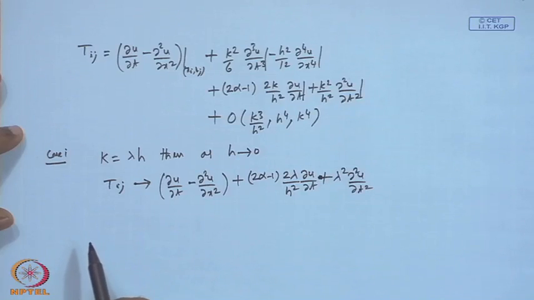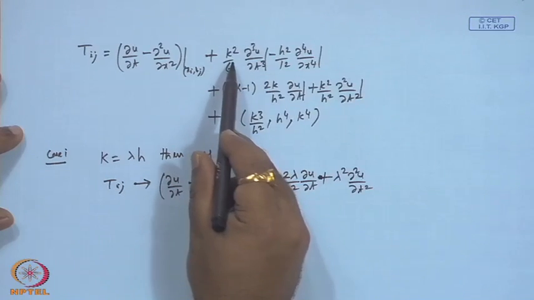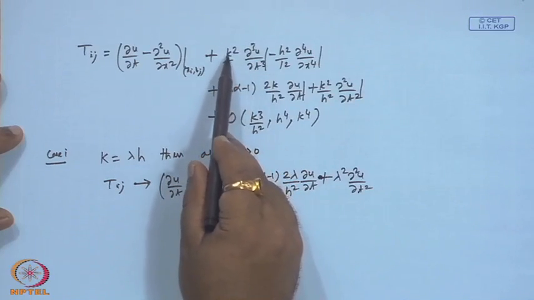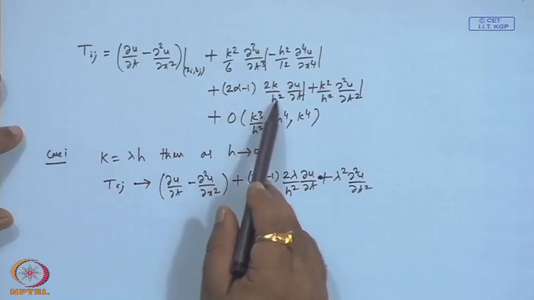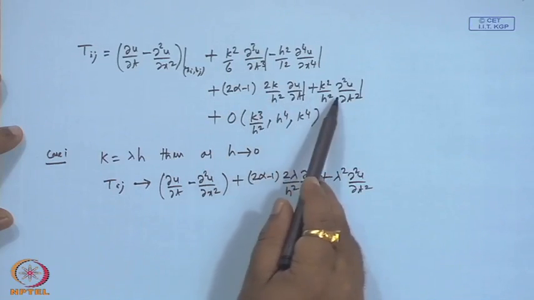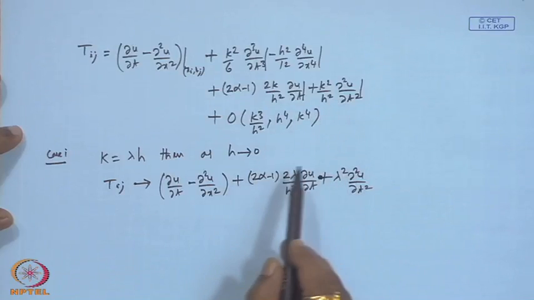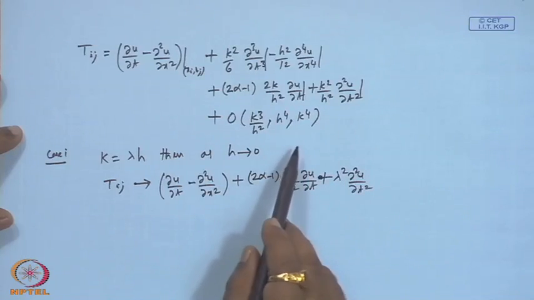Okay. So, if k is lambda h, then this term goes to 0, this is 0, and we get these terms, okay, which we have to address.